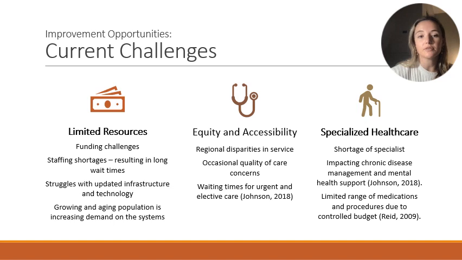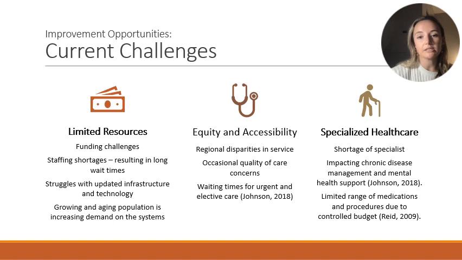However, the UK does face some challenges with this. Firstly, limited resources pose a significant obstacle to delivering optimal healthcare to the growing population. NHS healthcare providers work tirelessly, but they are often stretched thin due to budget constraints and staffing shortages. Along with this, there is outdated infrastructure and technology due to the limited funding.